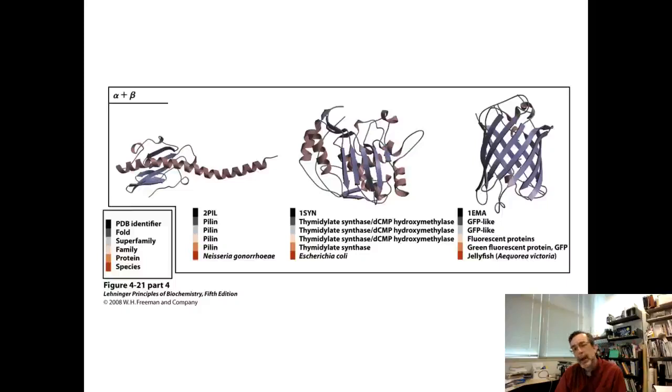Alpha plus beta, on the other hand, you have sort of an alpha side and a beta side. All the alphas are on one half of the protein, all the betas are on another. This one is even a beta barrel, but it has a little alpha part up here. So apparently by their mode of classification, they said this is enough alpha in it. I'm not going to call it an all beta, I'm going to call it an alpha plus beta.